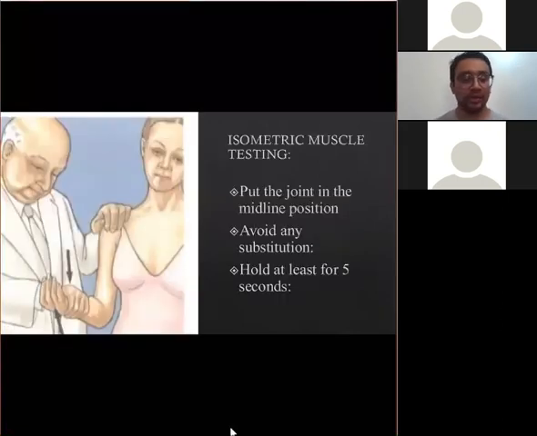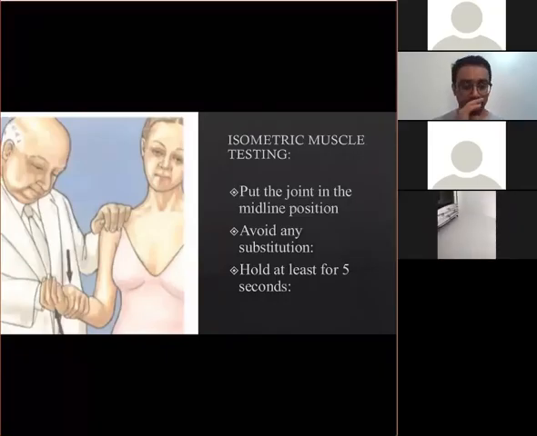Now, after doing active range of motion and passive range of motion, we could rule out whether it is coming from structures such as muscles or not. Now, in order to confirm that, to verify it, to make sure that we are right, we do resisted isometric muscle testing.